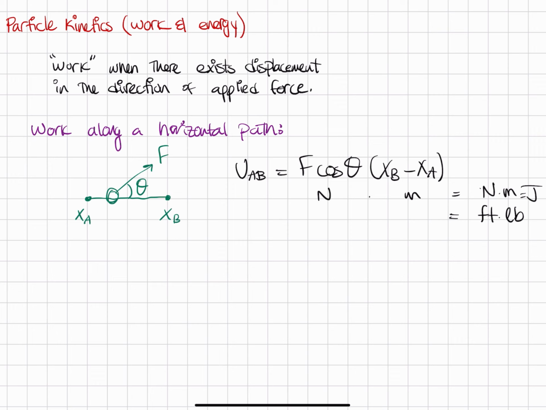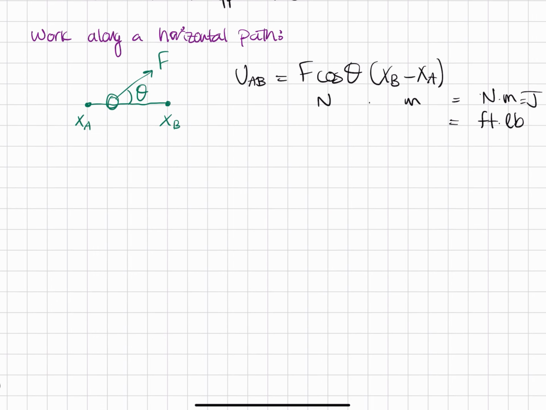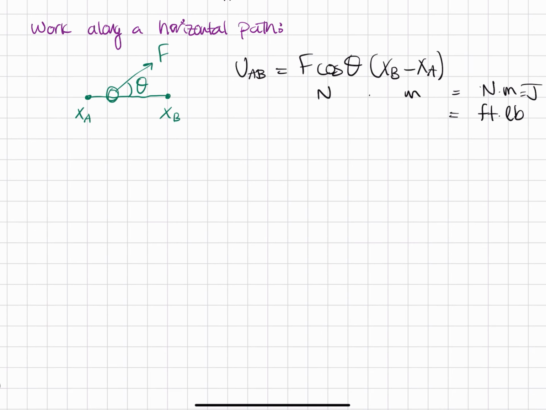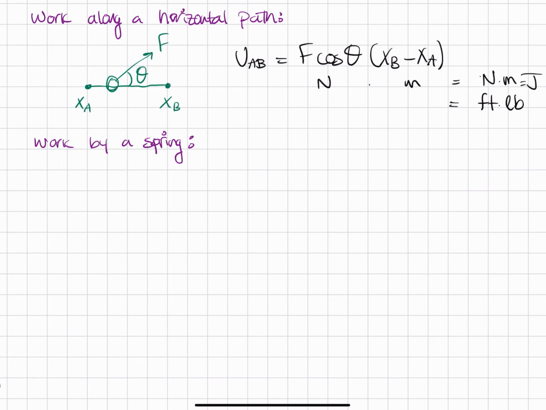Let's now talk about work done by a spring. We're going to choose a different color. We have work by a spring. So in this case, I am going to draw a fixed base. We have our spring. The particle is attached to the spring.